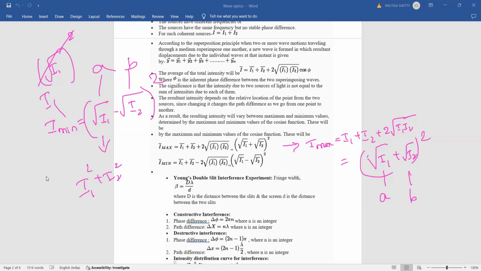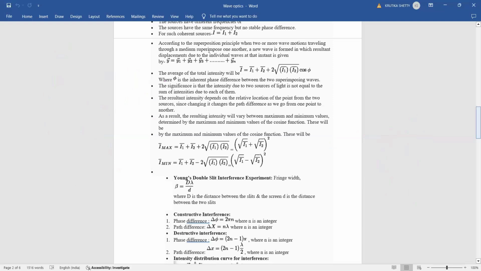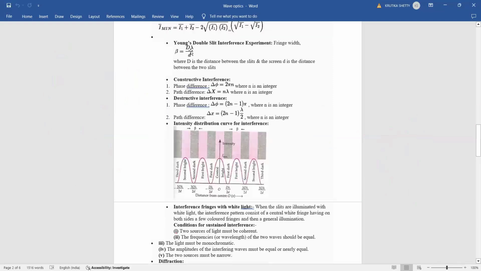The next one is Young's double slit interference experiment. Here the next phenomenon we are discussing is Young's double slit experiment. We have already discussed reflection and refraction of light. We have already studied some phenomena of light, because many lessons are completed till now.